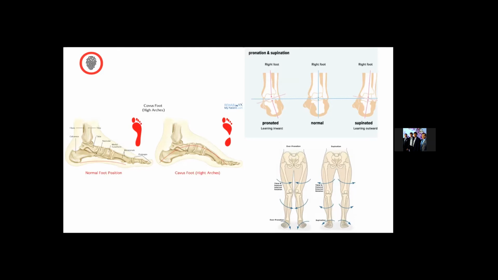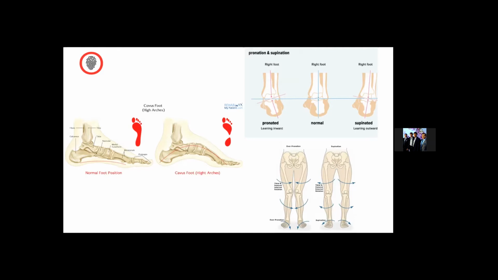Then on the bottom right hand corner, we have a kinetic chain showcasing what happens in pronated feet, where there is an internal force being applied. With supinated or high arch feet, there are forces acting on the outside.